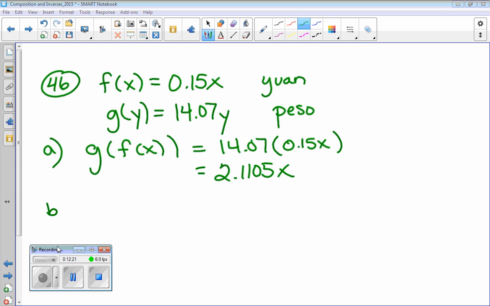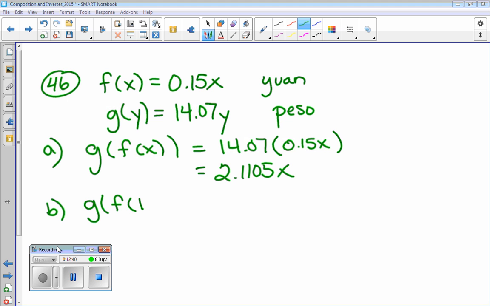And then part B, I had to evaluate it. It said, find the value in Mexican pesos of an item that costs 15 Chinese yen. Is it yen? Even though I thought yen was Y-E-N. But that's all right. And it was 15, right?